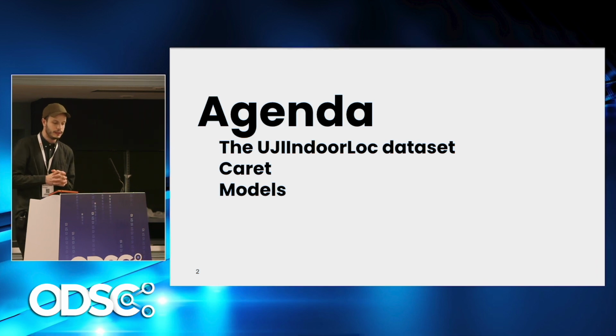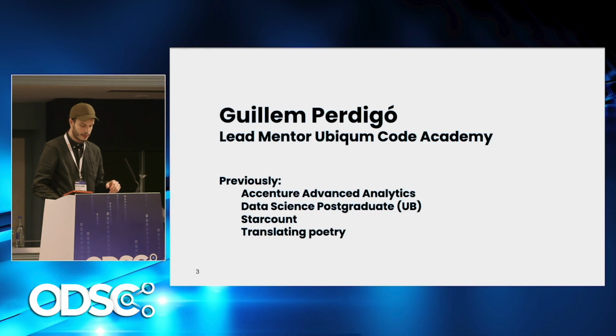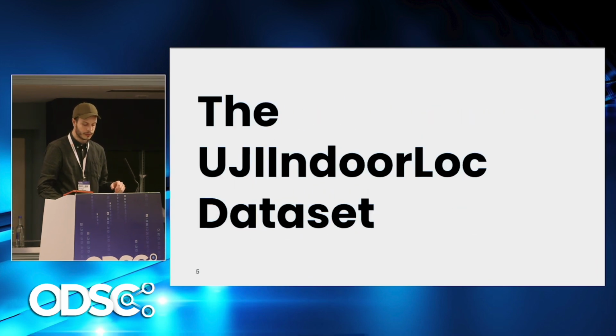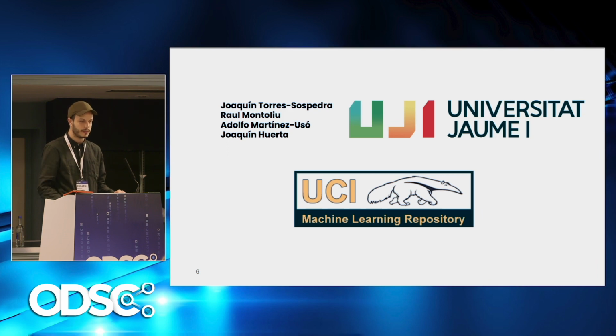The first part of the workshop is talking about the data set. It's called the UJIIndoorLoc dataset. UJI stands for Universitat Jaume I in Spain, and it is so far the biggest data set available for indoor positioning.